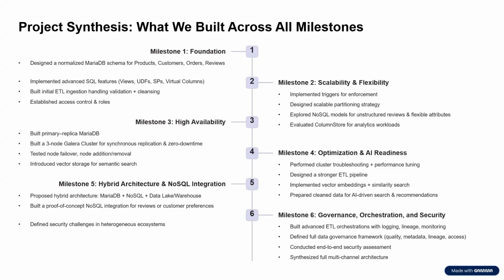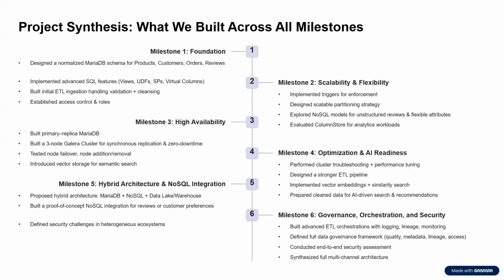Then we learned the concept of polyglot persistence, where we had a hybrid architecture, that is MariaDB and NoSQL combined. Then we got introduced to data lake warehouse. We built a proof of concept, NoSQL integration for reviews or customer preferences, and defined security challenges in heterogeneous ecosystems.